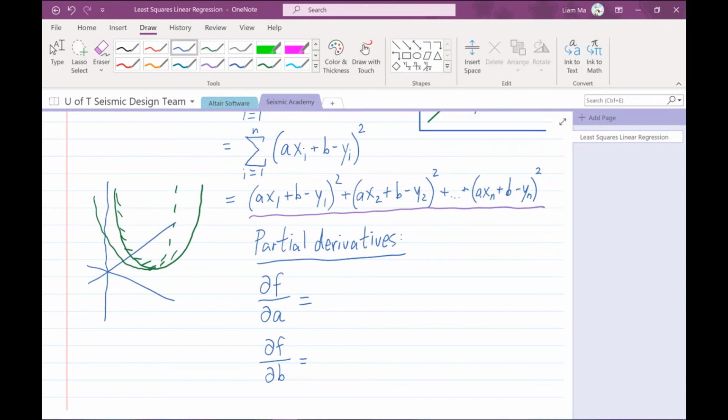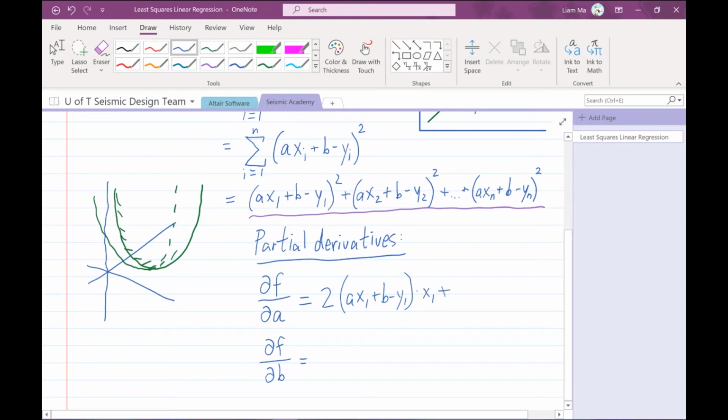It's relatively easy because you can just apply the power rule from ordinary derivatives and the chain rule. You're going to get 2 multiplied by (a times x sub 1 plus b minus y sub 1), multiplied by the derivative of the inside with respect to a, which is just x sub 1.